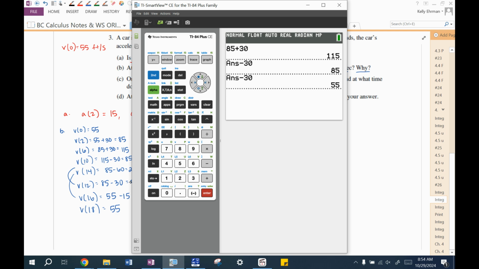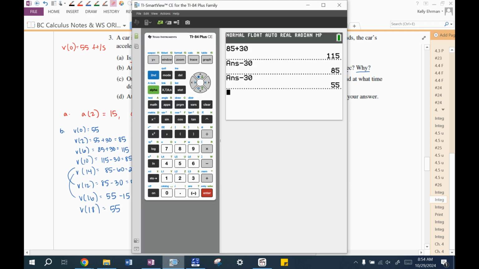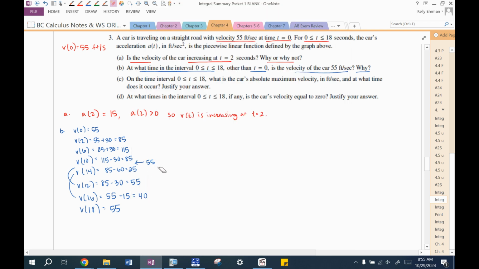And then I did minus 60. Wait, okay. No, yeah, that was okay. Right? So we're at 55 at v of 12. And then we subtract 30 to get here to 25. Oh, so it wasn't 55. Sorry. There we go. I'm at v of 14, it's because I went out of order here.